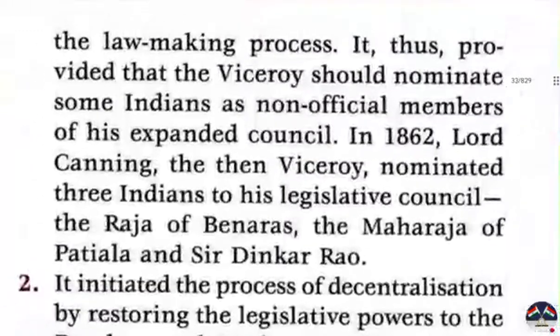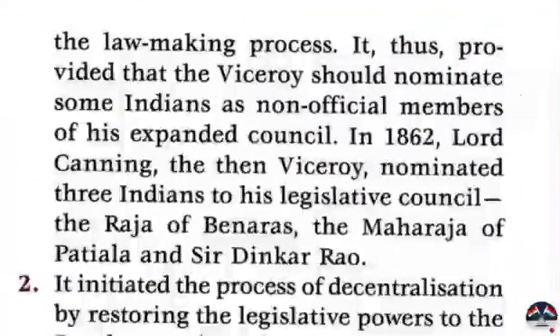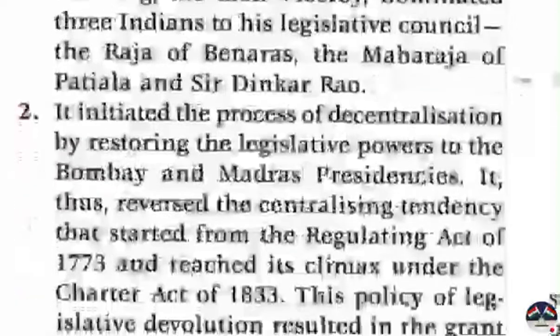It thus provided that the Viceroy should nominate some Indians as non-official members of his expanded council. In 1862, Lord Canning, then the Viceroy, nominated three Indians to his legislative council: the Raja of Banaras, the Maharaja of Patiala, and Sir Dinkar Rao.